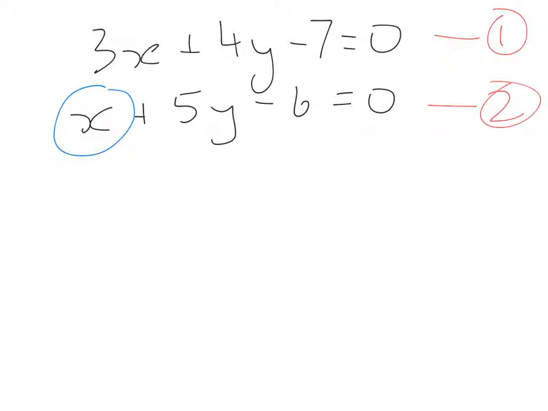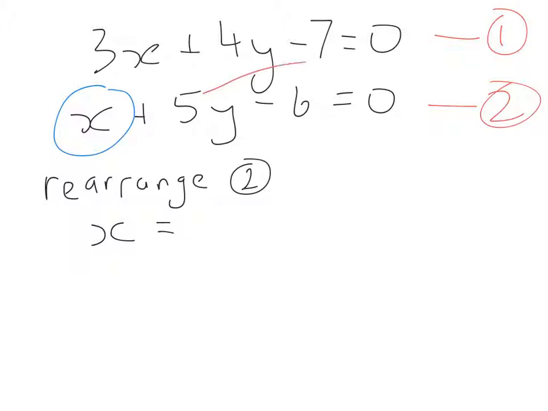Now I could make this say x equals if I rearrange number 2. If I move that over there, it'll become minus 5y, and if I move the 6 over, it'll become plus. So we've got minus 5y plus 6. And now I do have x equals.